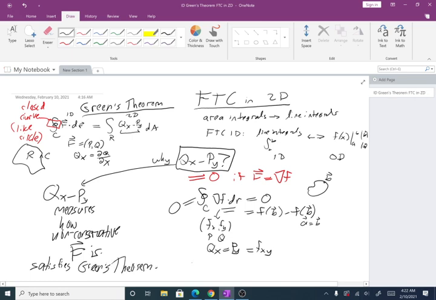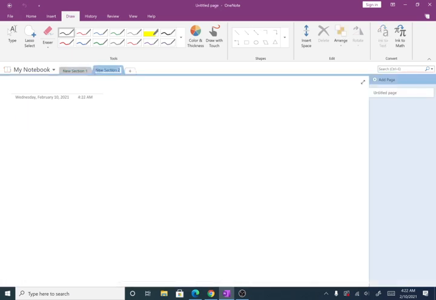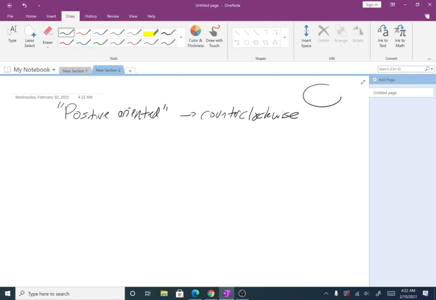And let me just make one more remark. The curve is positively oriented. And that just means counterclockwise. Right? So if you have a circle, we choose the counterclockwise orientation. This is the positive one.